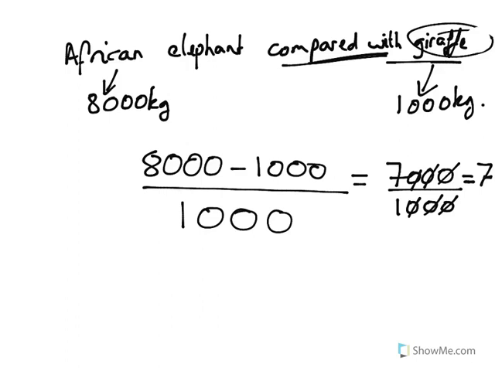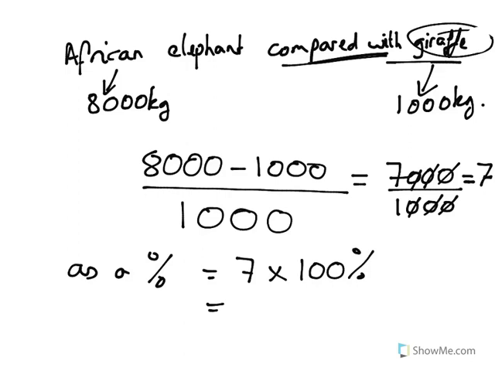We would like that as a percentage, and we can change any number into a percentage by taking our 7 and multiplying it by 100%, giving us 700%. So we can say that the African elephant is 700% larger compared with the giraffe.